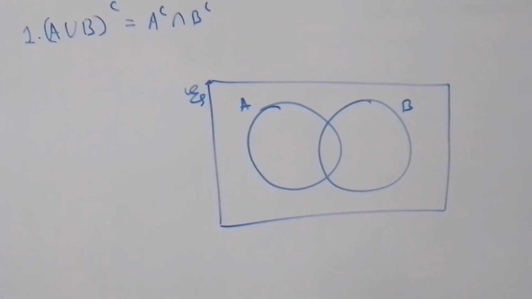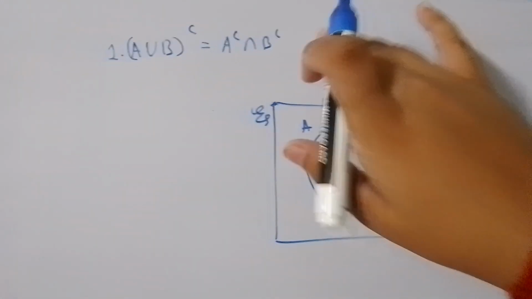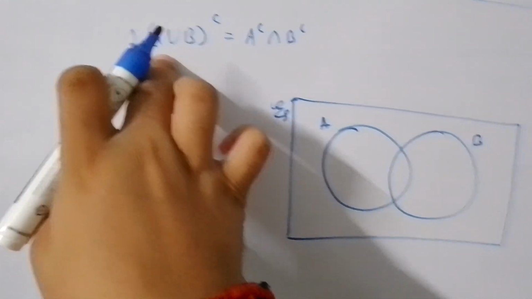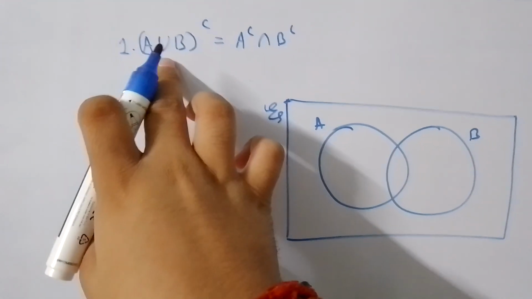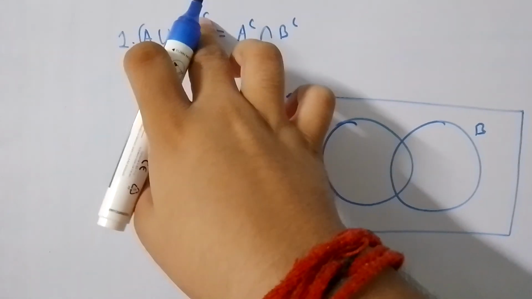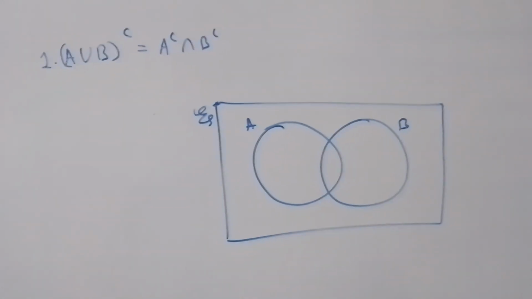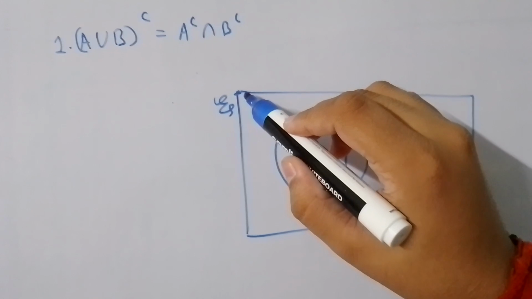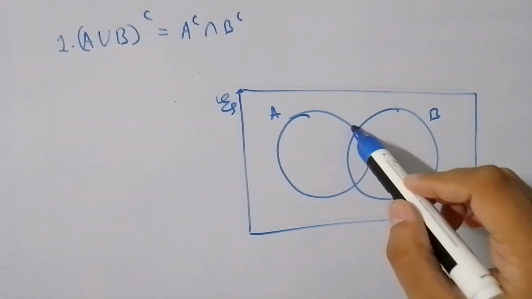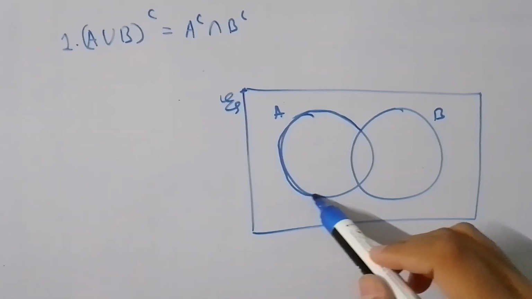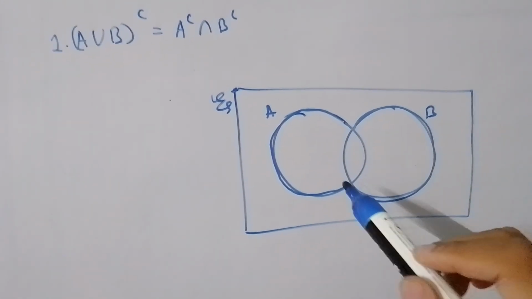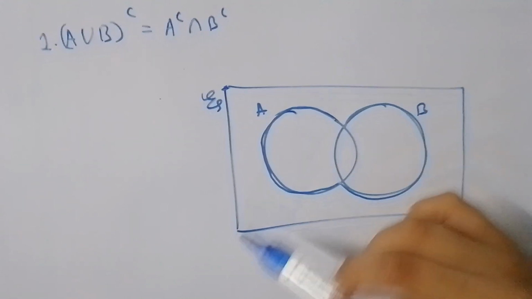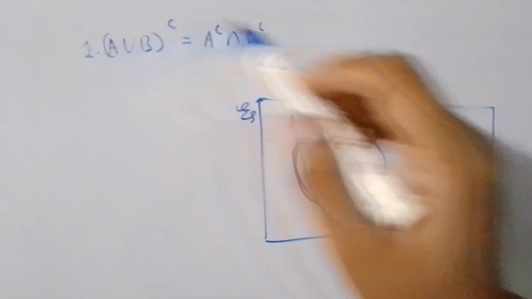Okay, now look at the left hand side of the equation. It says A union B whole complement. So that means if this is A union B, the outer region will be the A union B whole complement.